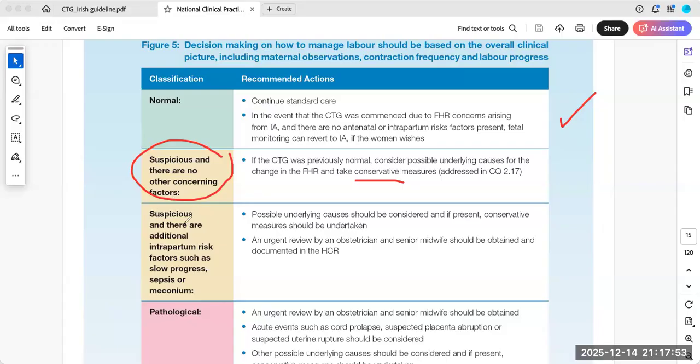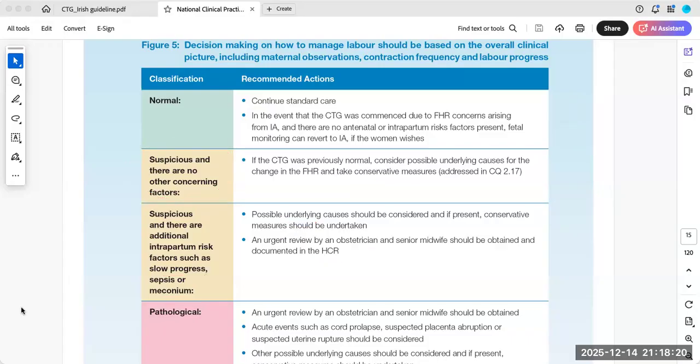How about suspicious, but there are additional intrapartum risk factors such as slow progress, sepsis, or meconium? In this case, you will consider possible underlying causes and conservative measures should be undertaken. An urgent review by obstetrician and senior midwife should be obtained and documented in the healthcare records.